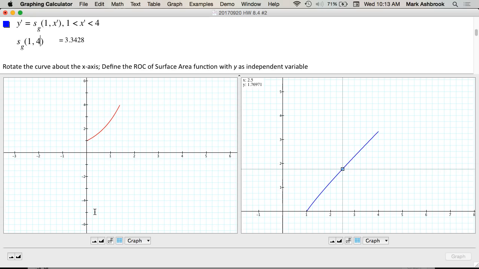So now we're going to rotate this curve around the x-axis. Which is the x-axis? The horizontal or the vertical? Horizontal. The x-axis is this one. So if we rotate that around the x-axis, what will we get?